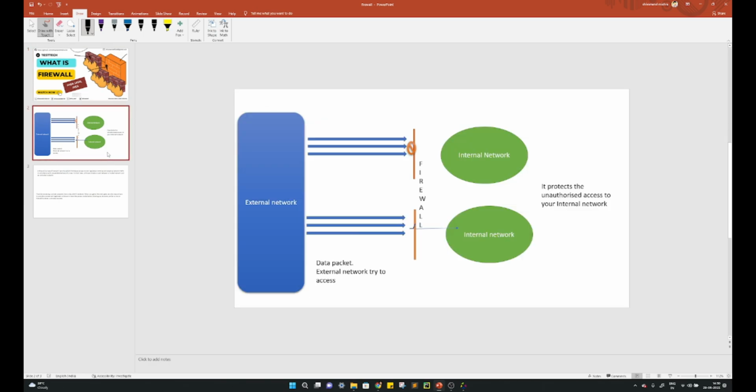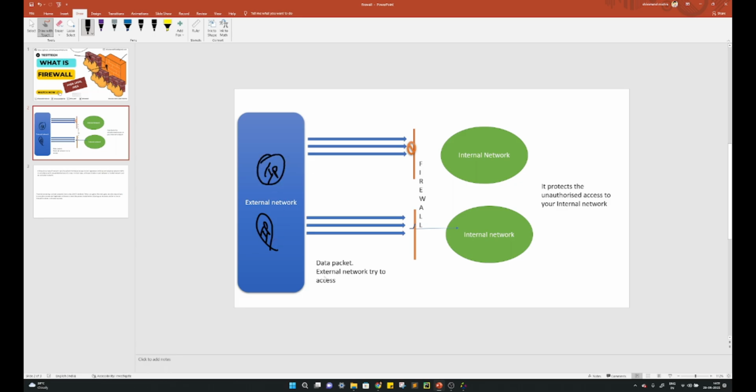As an example, suppose this is an external network, like me and you and people like us. External network in the sense of a lot of IPs, of course, like we access the internet with our IP, right? There are n number of IPs in the external network.